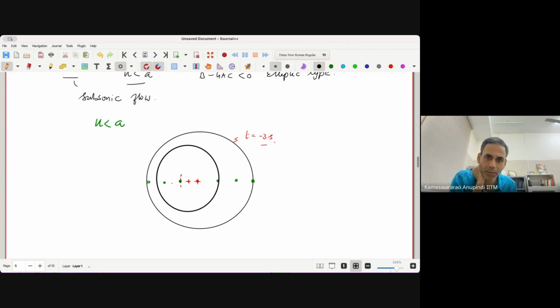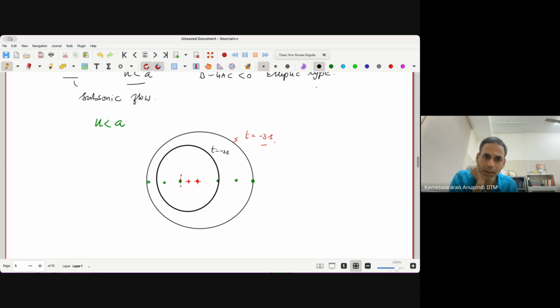So that has propagated at t equals minus 2 seconds.